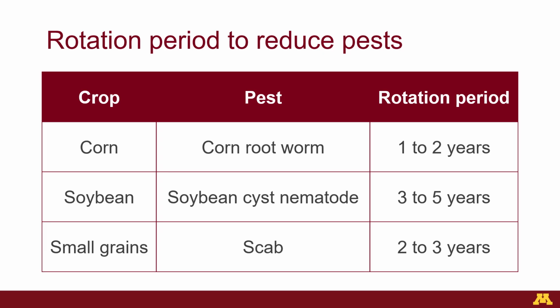For corn rootworm, the rotation period between corn crops needed to reduce that pest is 1 to 2 years. For soybean cyst nematode, the rotation period needed between soybean crops is 3 to 5 years. For scab and small grains, the rotation period needed between small grain crops is 2 to 3 years. For more on pest management, please watch our modules on individual crops.